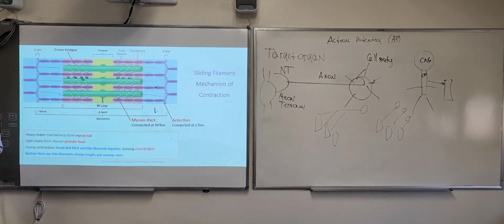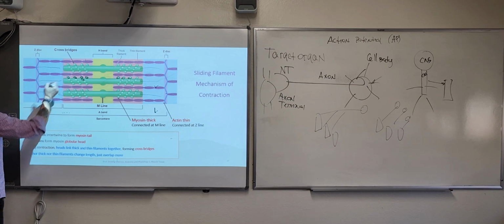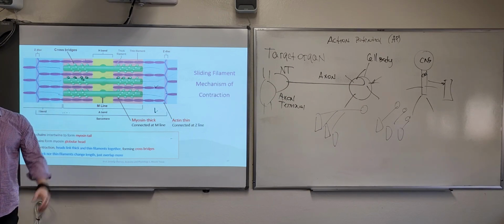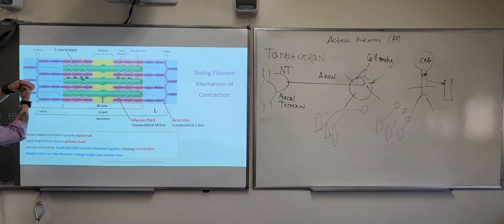For the muscle to contract, myosin heads have to connect, or create a cross bridge, with an actin. The myosin head creates the cross bridge, or the connection, with the actin and changes shape.